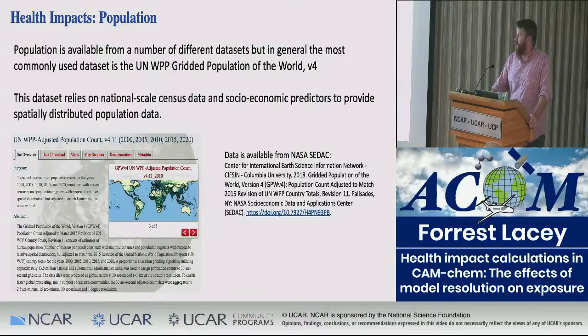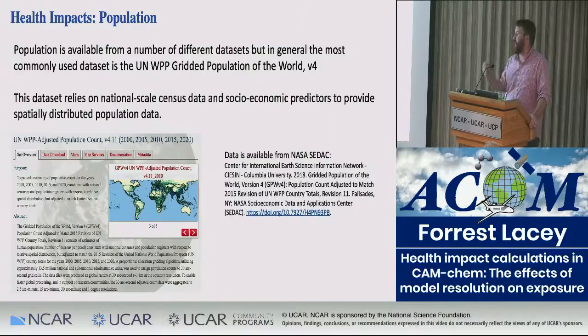And this relies on national scale census data combined with a socioeconomic analysis to provide spatially distributed high-resolution population data. And when I say high resolution, that's about, I think it's 30-second resolution, so it's very, very high, and it provides it for each individual country.